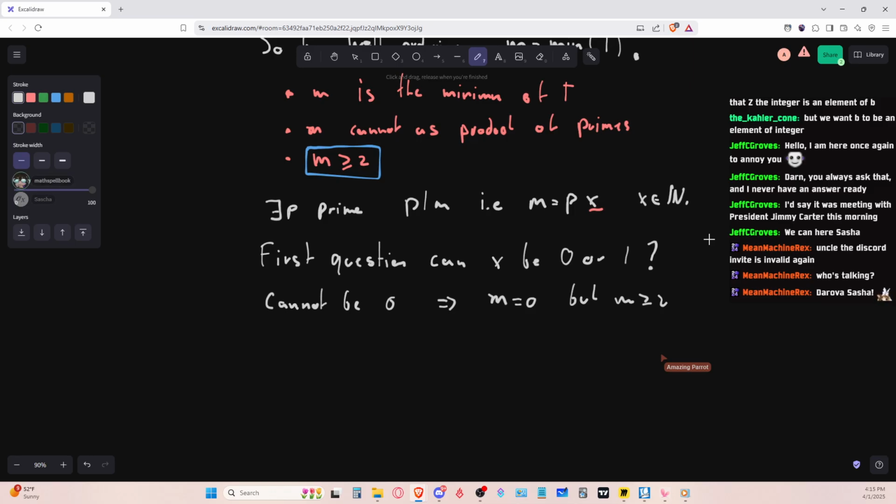So I don't think it could be 1 either in this case. Yeah, exactly, because if x was 1, then m would be equal to a prime number, right? Which would contradict the fact that m is not the product of primes.